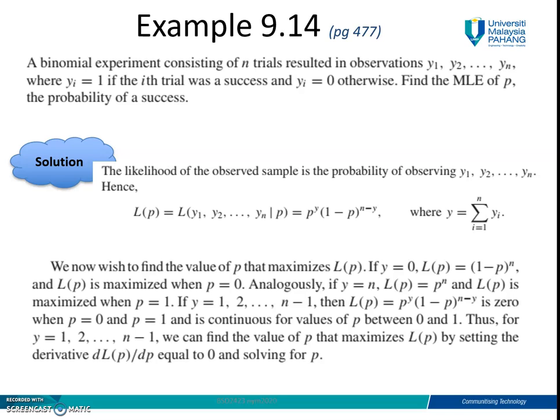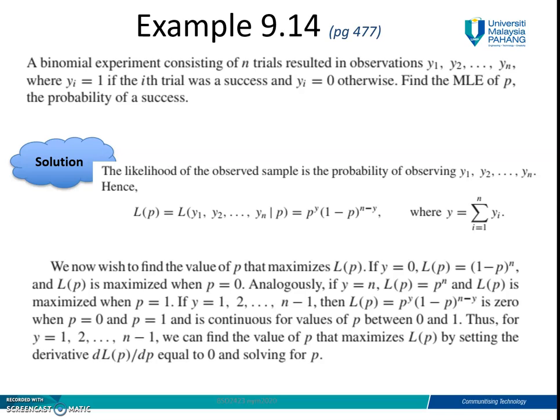If you look at example 9.14, page 477, a binomial experiment consisting of n trials resulted in observations y1, y2 until yn. Your yi is equal to 1 if the trial is a success, and yi is equal to 0 otherwise.